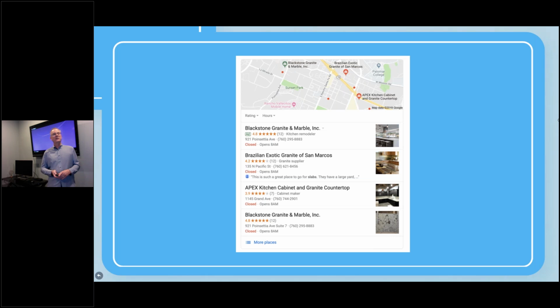The other 3 are in those positions because they've optimized their location page and their website, and Google has determined that they're best suited to show up in that location based on their optimization. So this is a paid ad. That kind of covers the local.